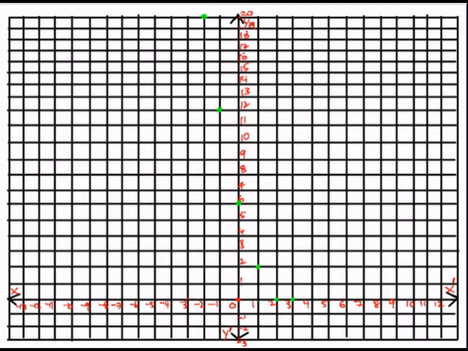By joining all these, we will be getting the curve which touches 2 as well as 3 on the x-axis.